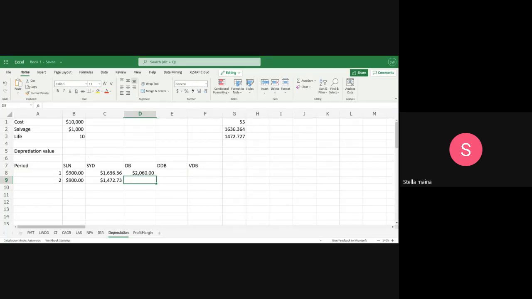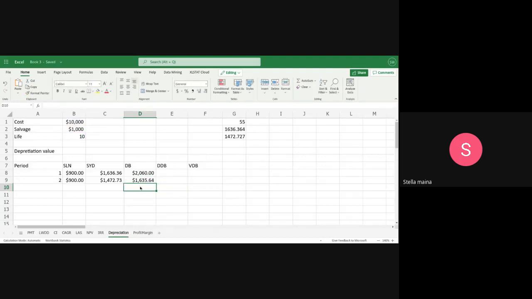So let us do the second one, and then I will explain what is happening. Is equals to DB into the cost, which is B1, comma, B2, comma, B3, comma, now our A9.